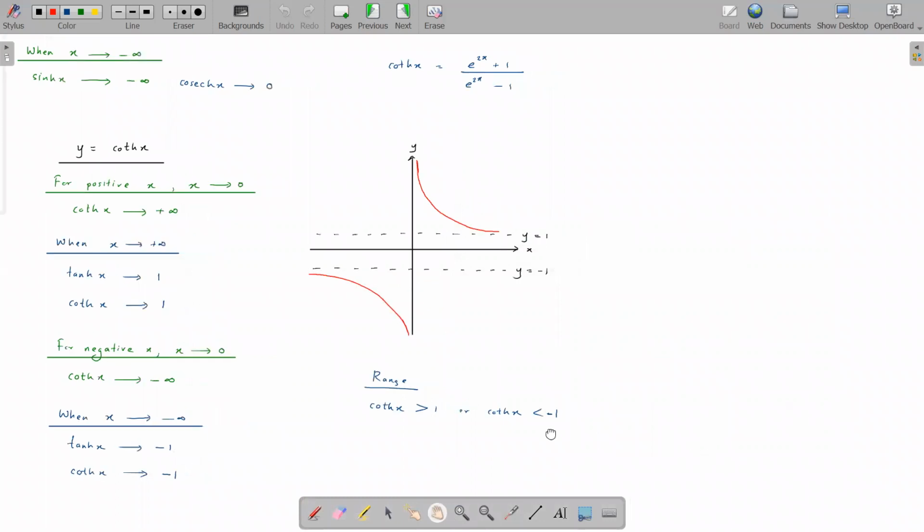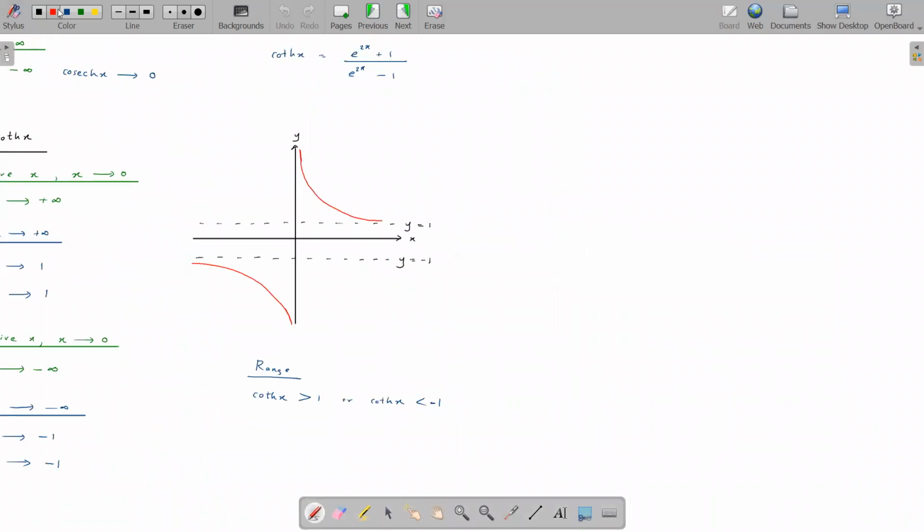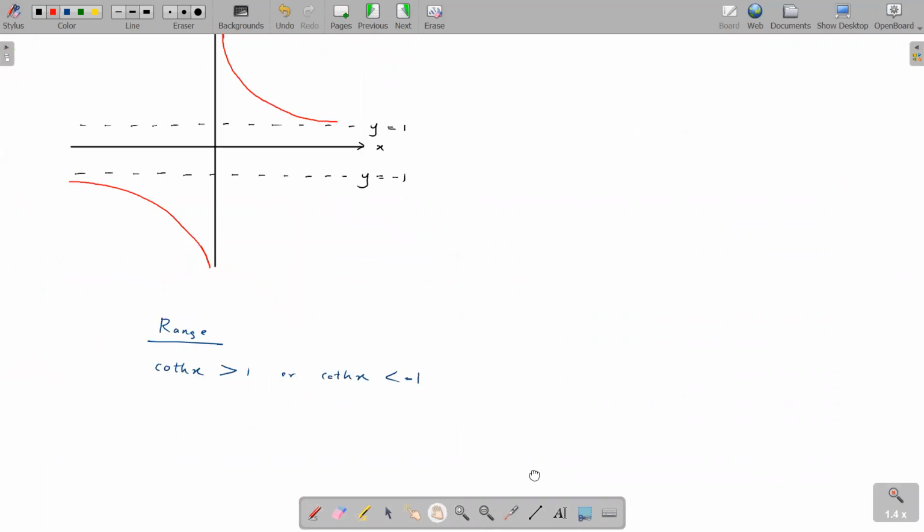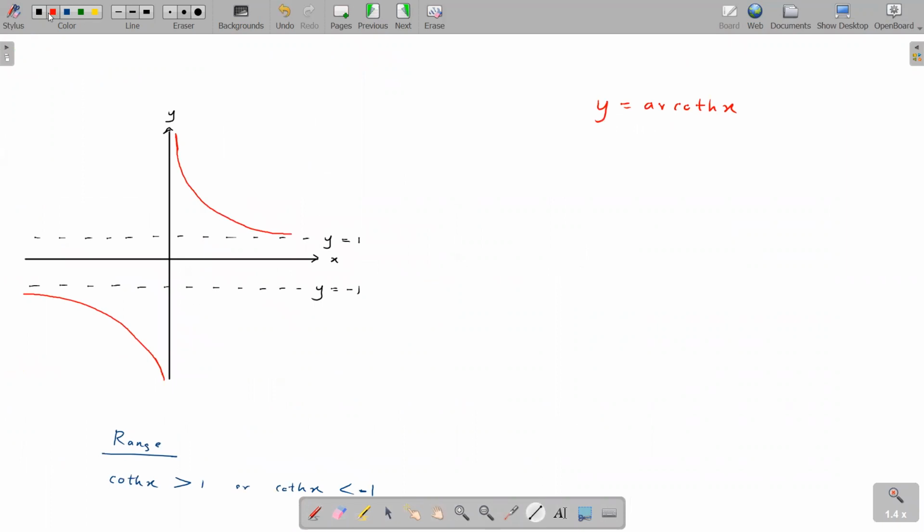So when I draw the y equal R cortex graph, the y equal 1 and -1 asymptotes now become x equal 1 and x equal -1.